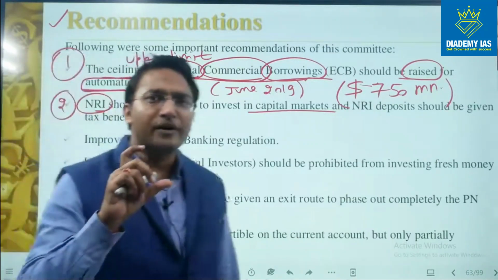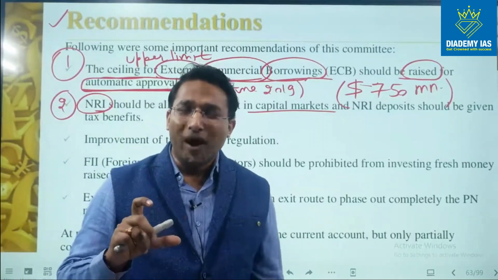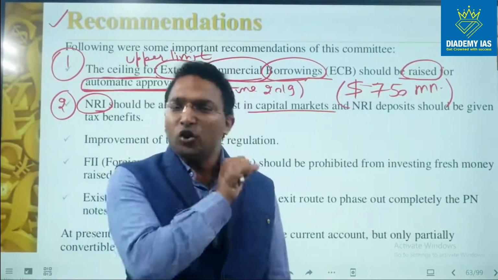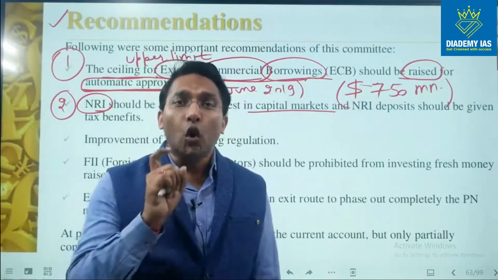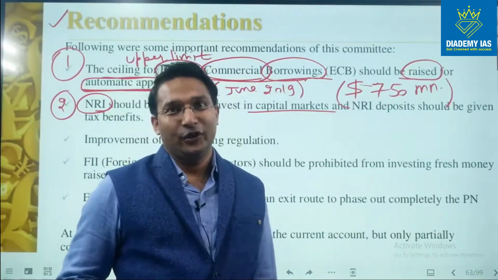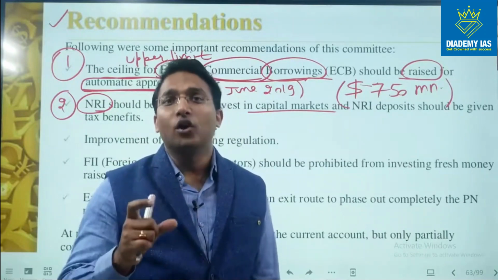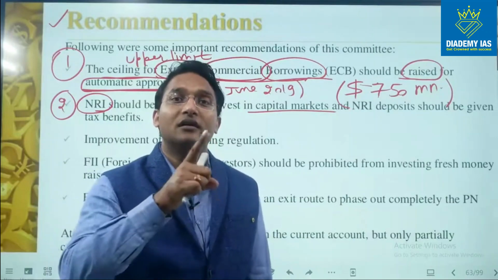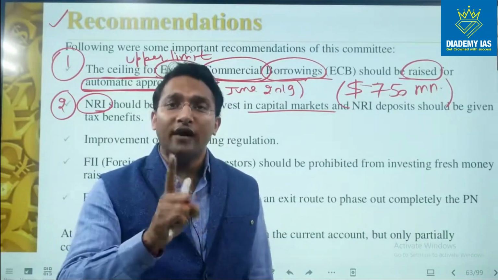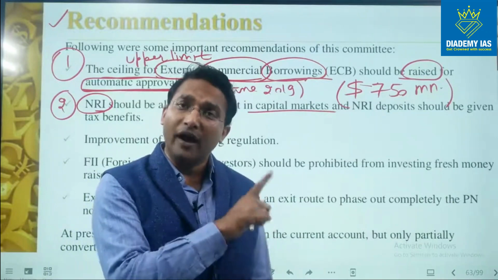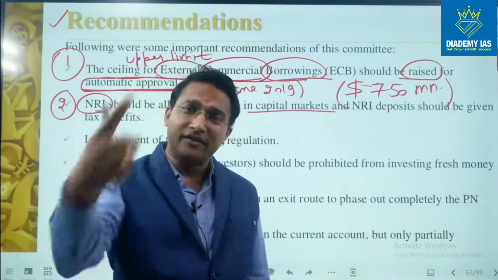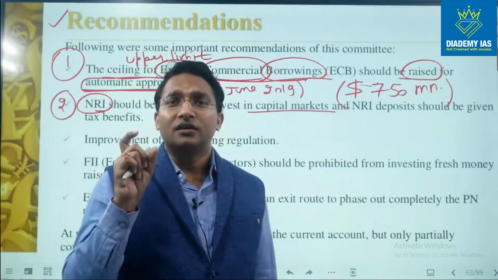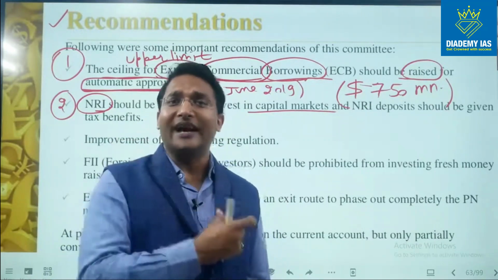And do you know the person of Indian origin? What is the difference between the NRI and the PIO? The person of Indian origin is basically not a citizen of India. The PIO is a citizen of some foreign country, but the person has already been a citizen of India and surrendered the citizenship and acquired the citizenship of a foreign country, or the person has some roots inside India.